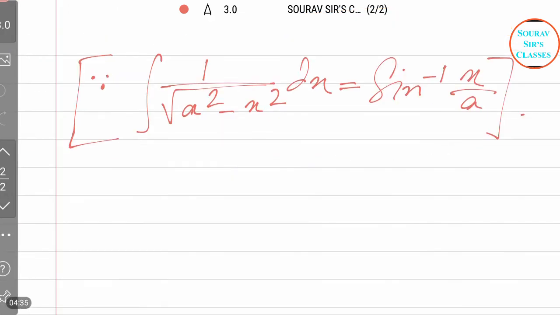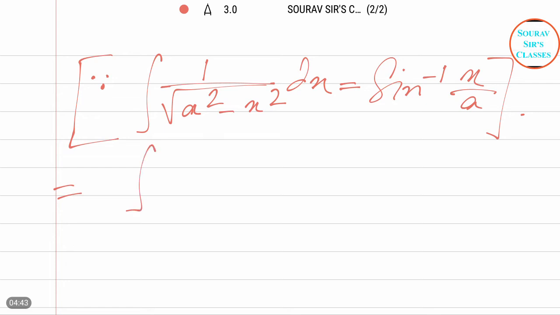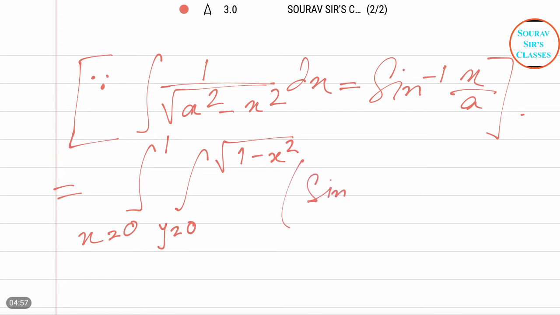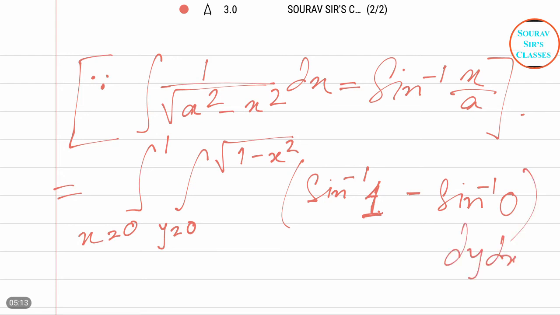Now from that part we can write it as integration x equals 0 to 1, integration y equals 0 to root over 1 minus x square, and sine inverse 1 minus sine inverse 0, and here is dy dx.